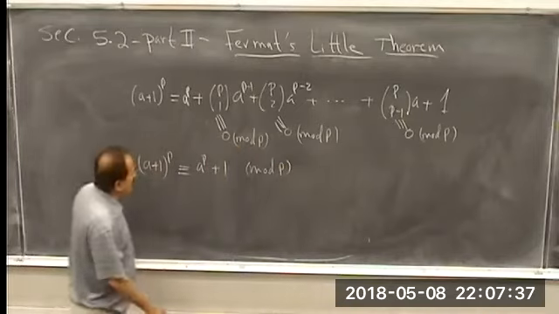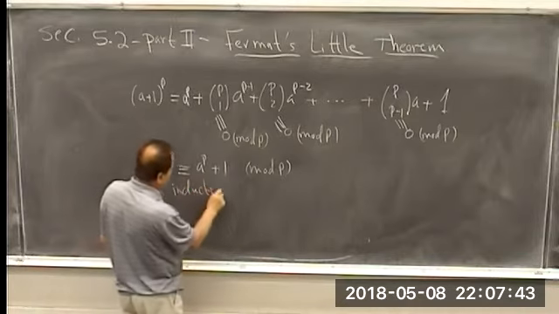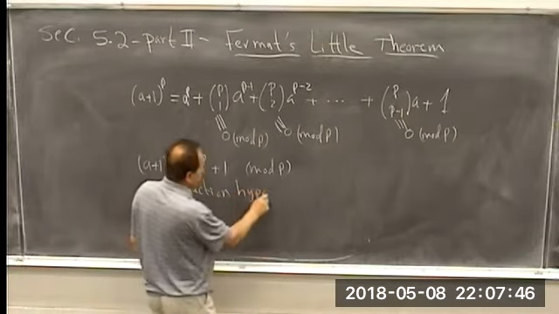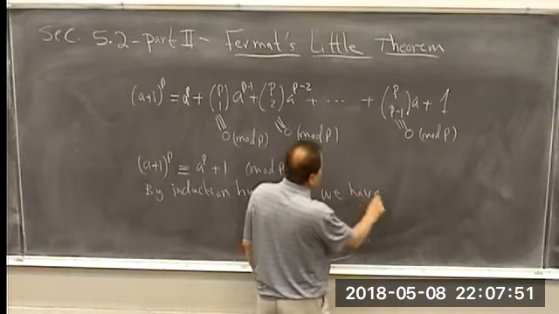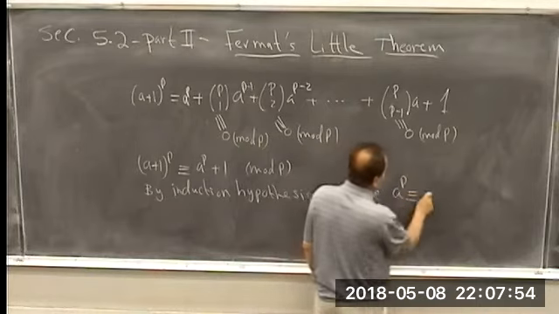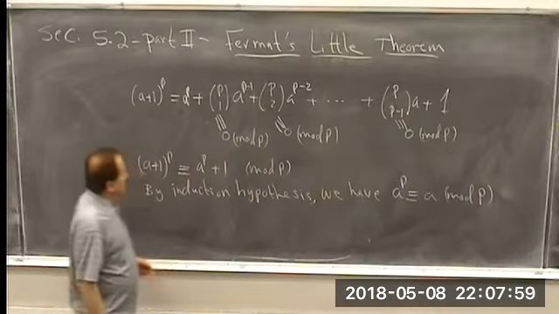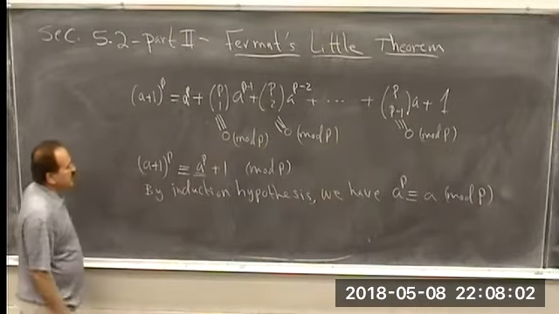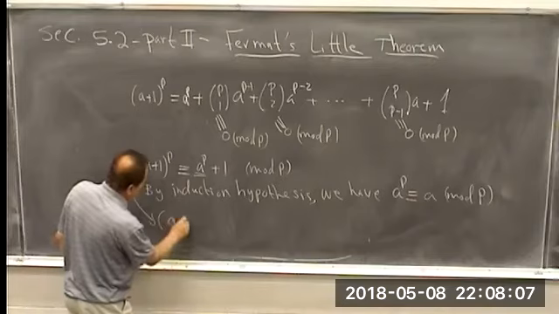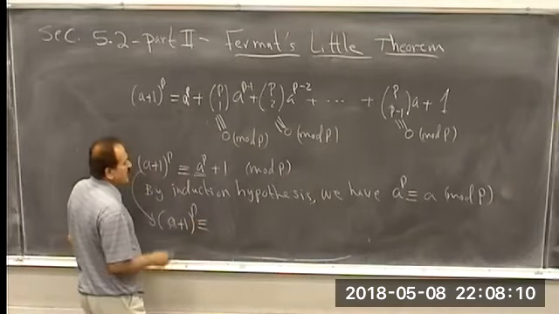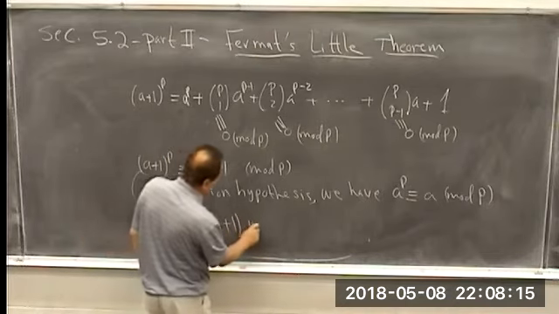Now, by the induction hypothesis, we have a to the p is congruent to a mod p. So if I replace a to the p by a, I get a plus 1 mod p.